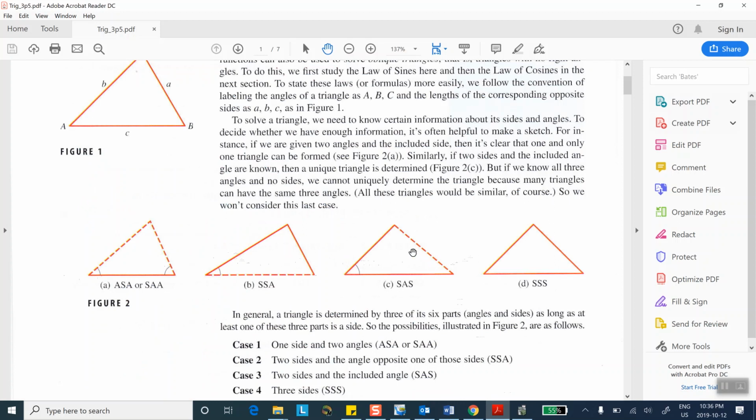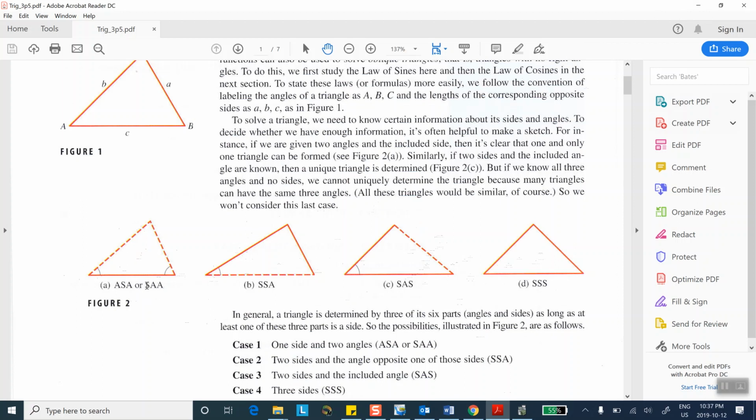That would be two angles given and one of the sides given here. I don't see it exactly in this graph, but I suspect that'll be side, angle.